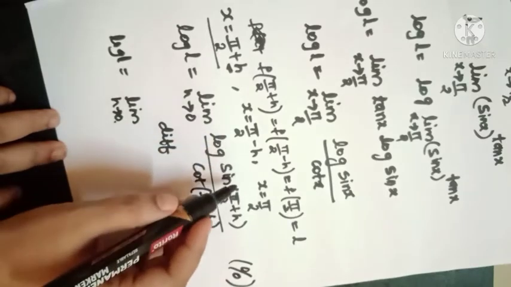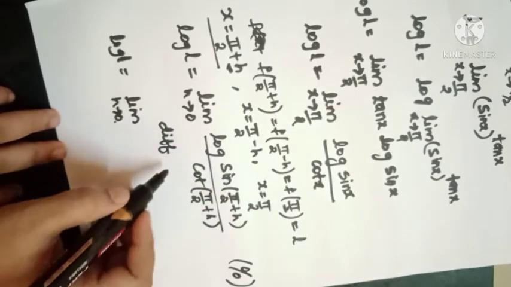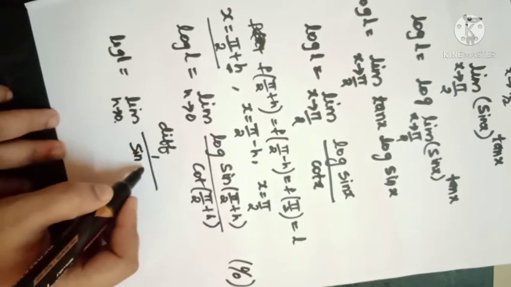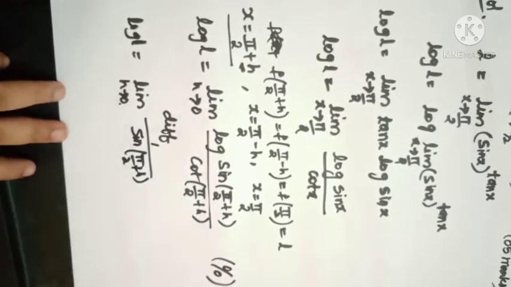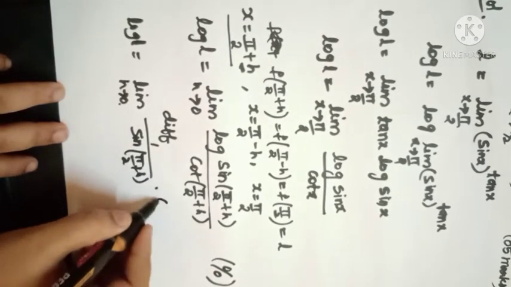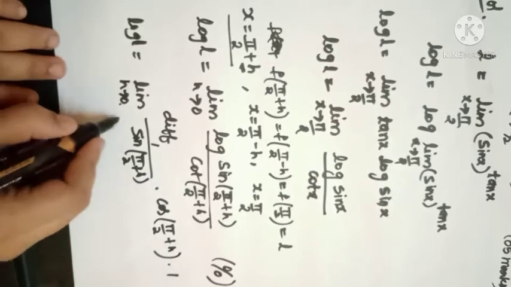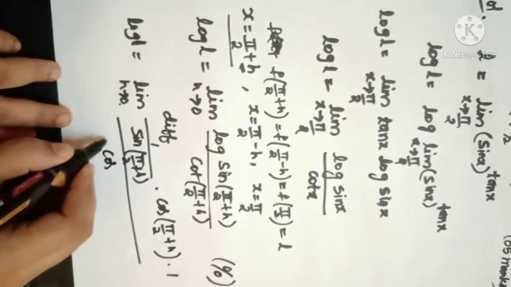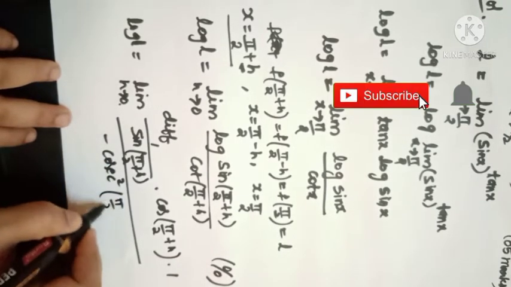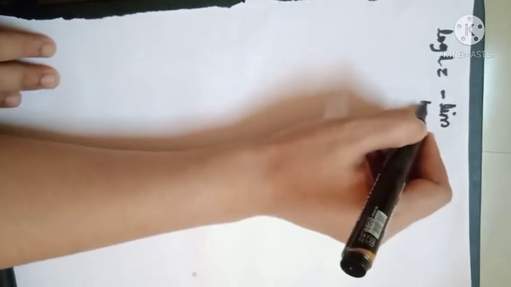The differentiation of the numerator log sin (pi by 2 plus h) is 1 over sin (pi by 2 plus h) into cos (pi by 2 plus h), divided by the differentiation of cot (pi by 2 plus h), which is minus cosec square (pi by 2 plus h), and the differentiation of h is 1. Log L is equal to minus the limit as h tends to 0.